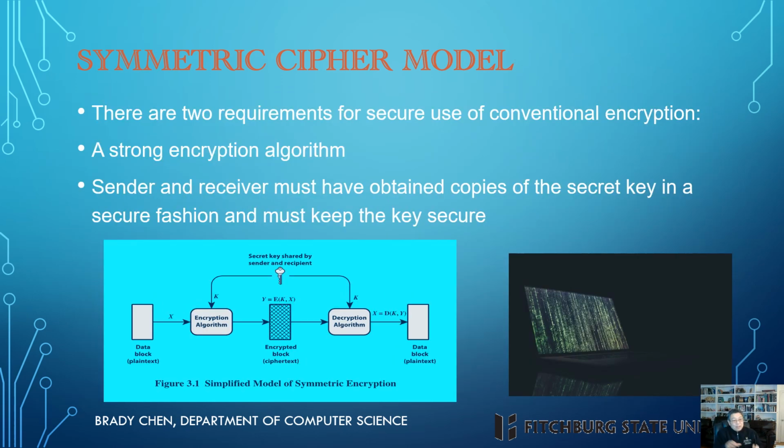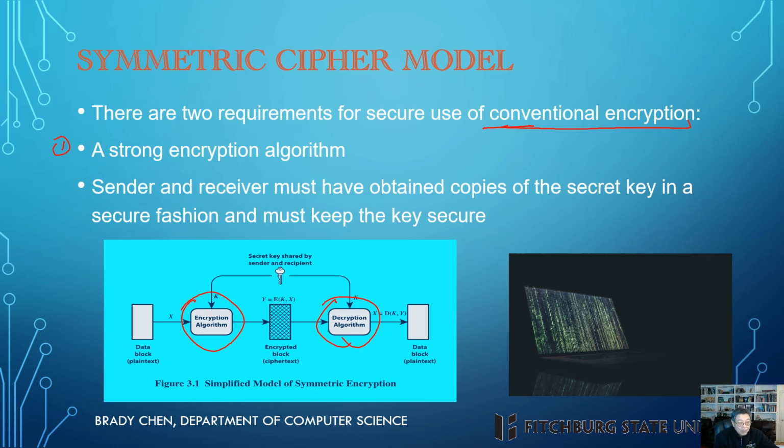To make the symmetric cipher model work, there are two requirements for secure use of conventional, or symmetric, encryption. One, we should have a strong encryption algorithm. If you look at the diagram, we should have strong encryption and decryption algorithms.